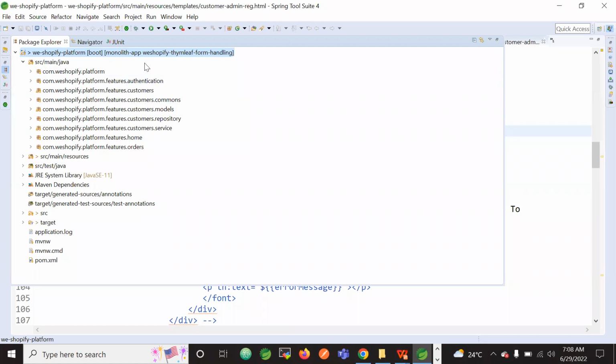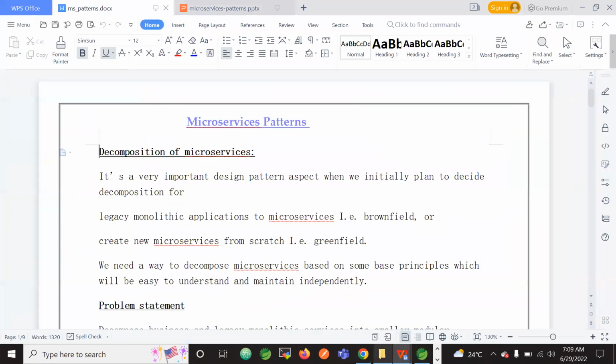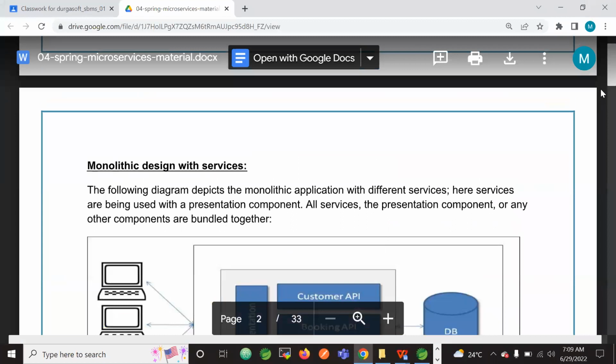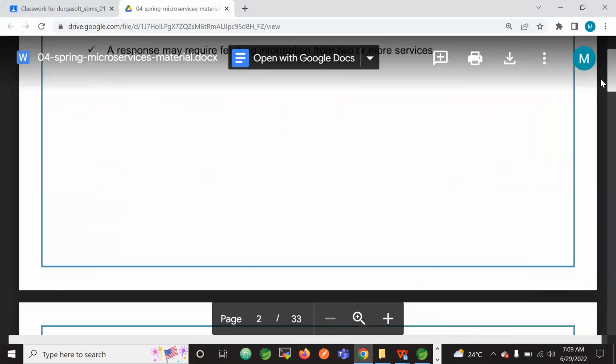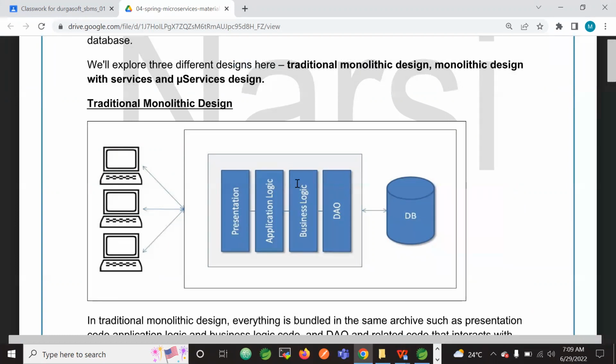Architecture-wise, such a monolith application is like this. This is the monolith application design, with all the modules and the module-specific layers. We know every application follows the layered architecture.